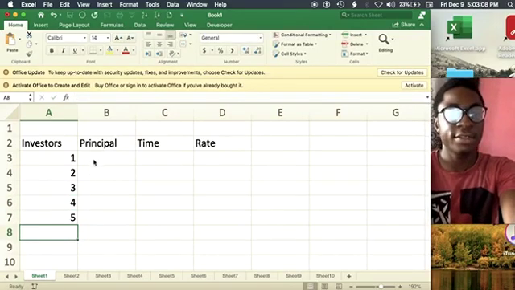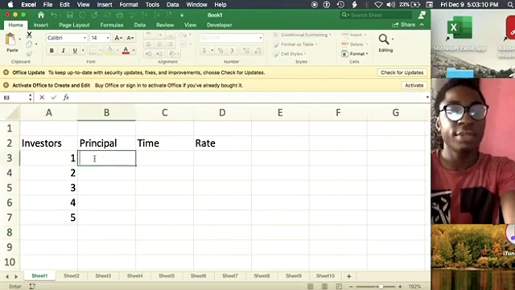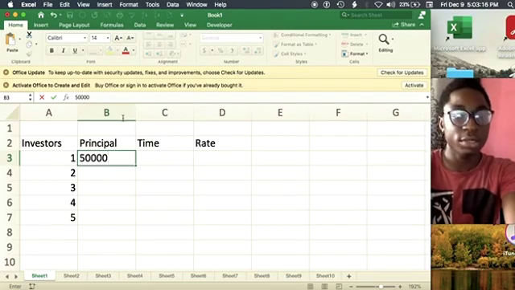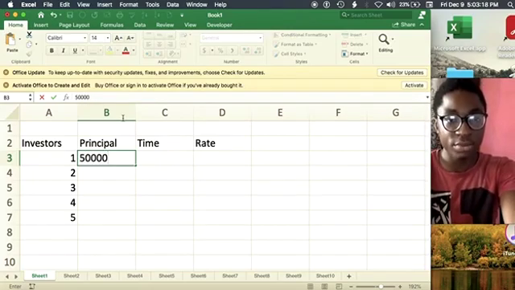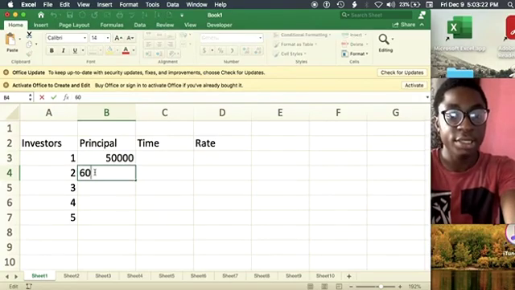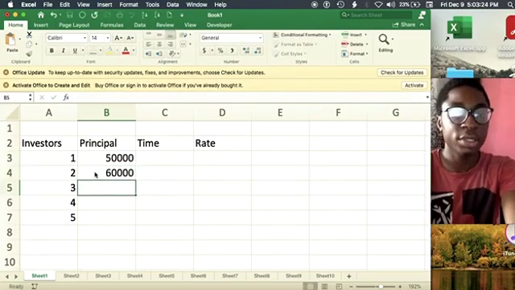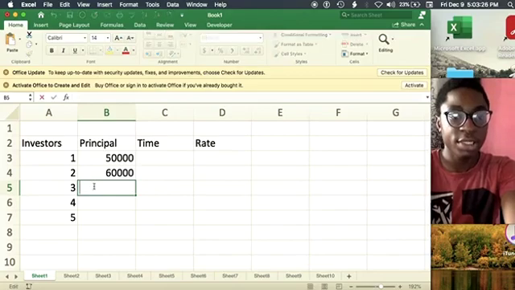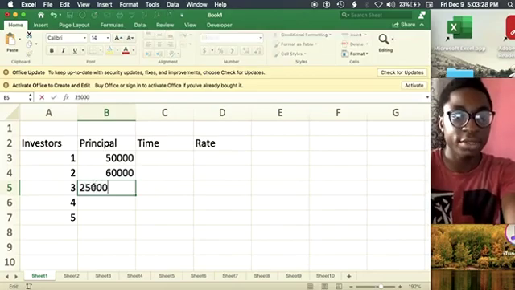So these 5 investors, investor 1 started with a principal of $50,000, and let's assume investor 2 started with a principal of $60,000. Investor 3 started his business with a principal of $25,000.